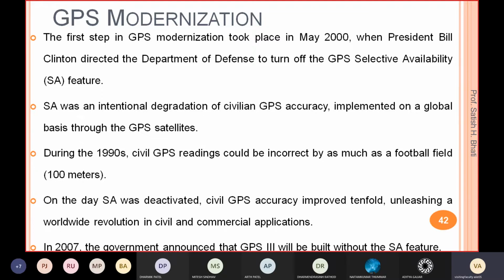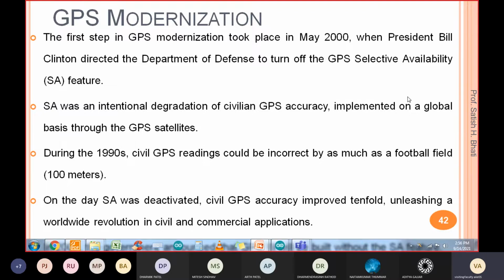So that feature is already removed, right? In 2007, the government announced GPS 3, which was built without this feature, right? And before that, in the 90s, they had that feature, but they deactivated it. So such modernization is happening in GPS every day.